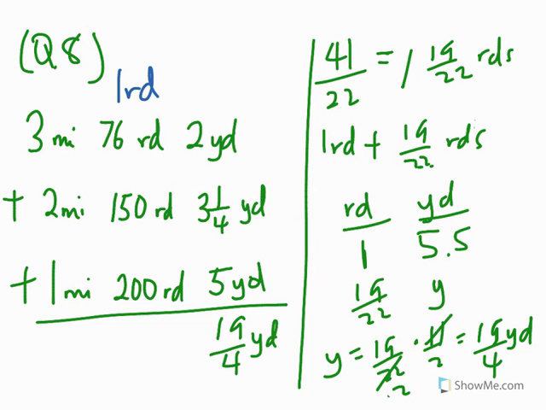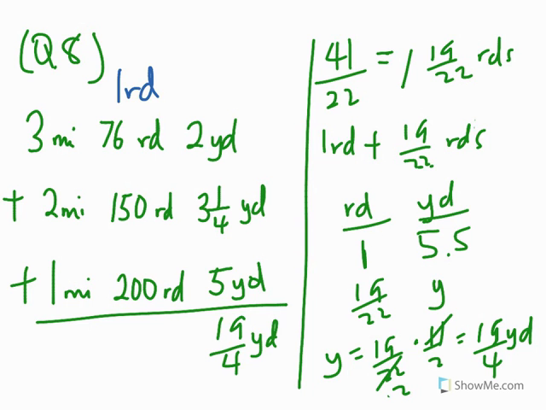Okay. So we now have 1 plus 76, which is 77, plus 350, which gives us 427 rods. Now we have that 1 mile. We check the relationship between miles and rods, and we see that 1 mile is 320 rods.